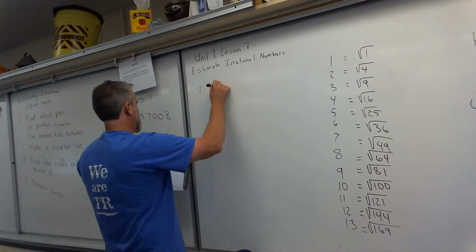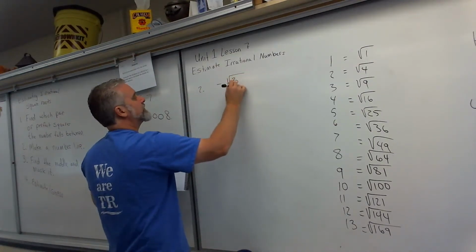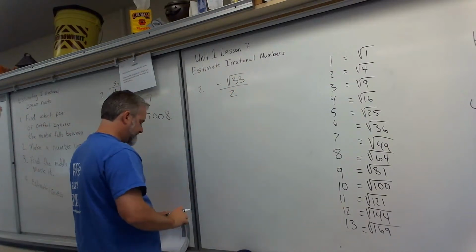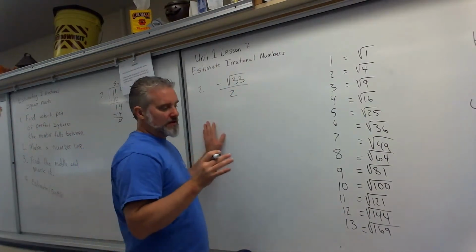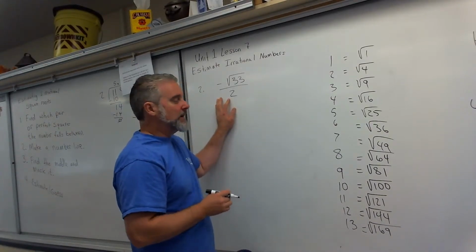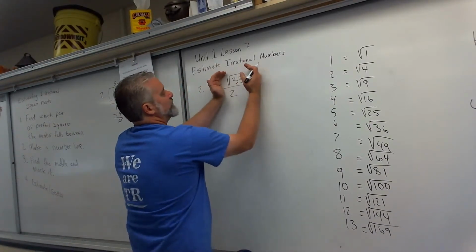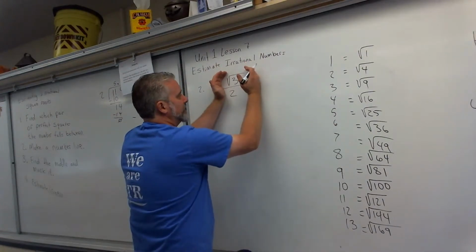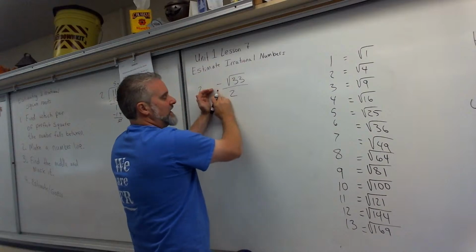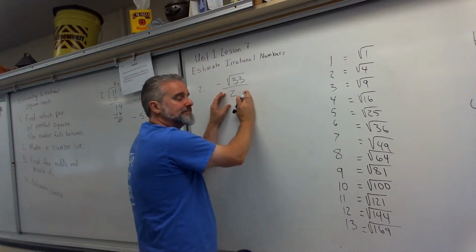Number 2, we have negative square root of 33 all over 2. So on this problem, since we have now a fraction involved, I'm going to still focus on this square root of 33. We can do that first, then add my negative symbol to it, and then I'm going to divide by 2.